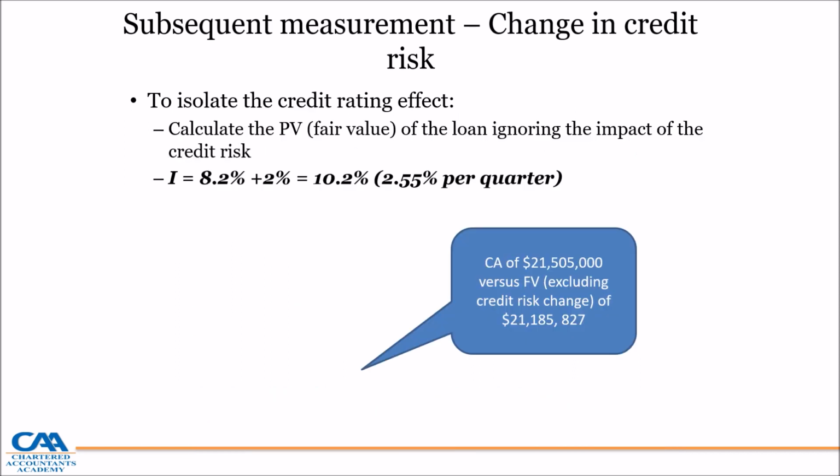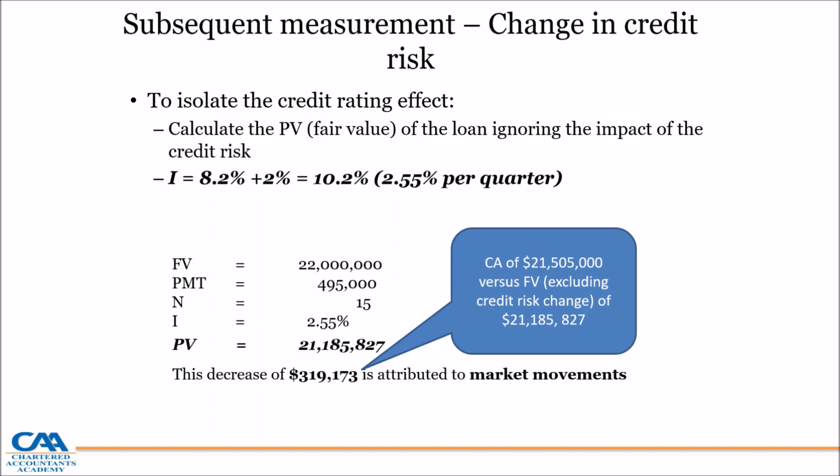So to do that, like I said earlier, we need to isolate the credit rating effect. So we're going to take our 8.2 plus 2%, which is the initial credit risk before the change in credit risk, and then we calculate our new fair value and compare to the carrying amount that we came up with earlier of 21,405,000. So we get 21,185,000. The difference between these two relates to your market movements and should go to your P&L.